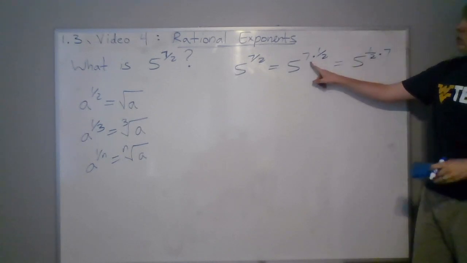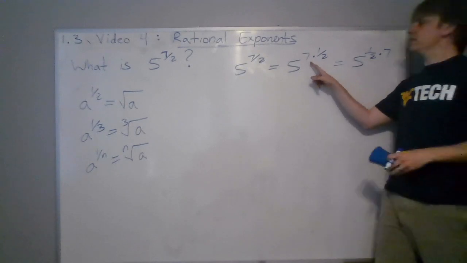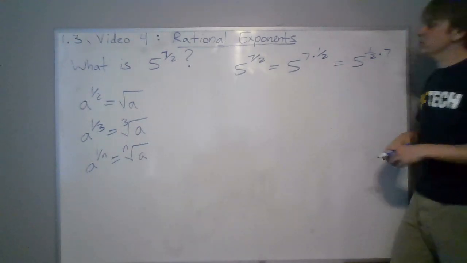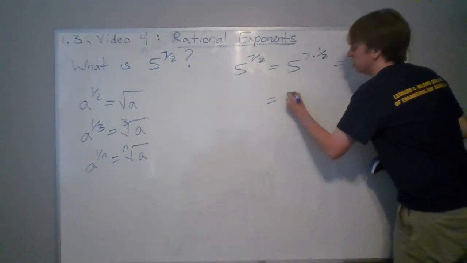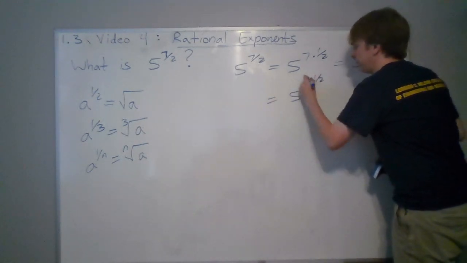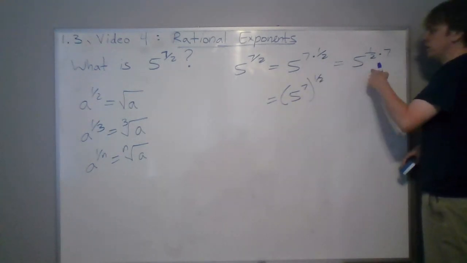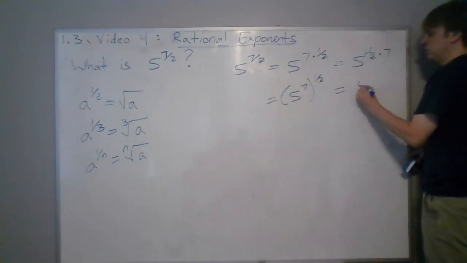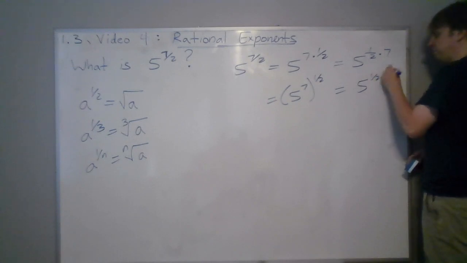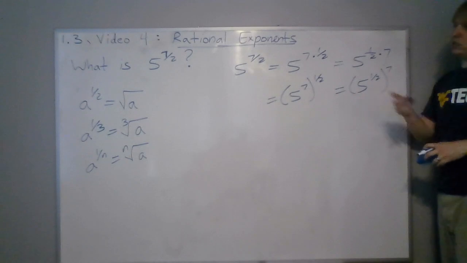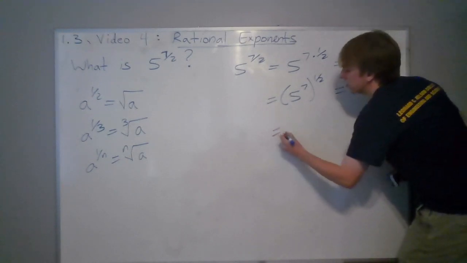And we have a rule that says you're supposed to multiply exponents when you take a power of a power. So this one I can write this way, this one I can write this way. But the 1/2 power we just got done saying is the same as the square root.